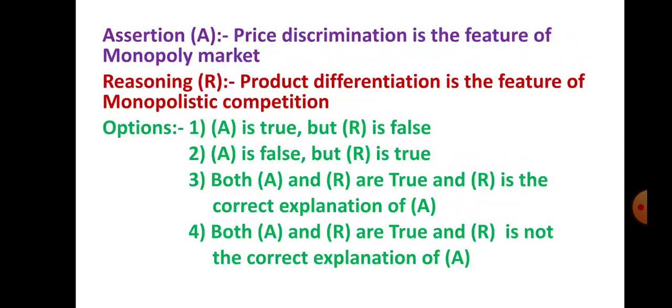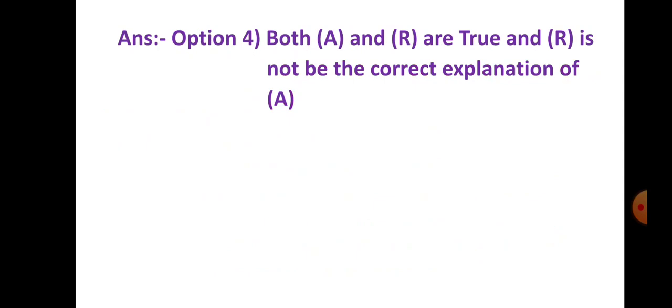Now let us see the next example. Assertion they given: price discrimination is the feature of monopoly market, and reasoning they given: product differentiation is the feature of monopolistic competition. Okay, here both assertion and reasoning are true and they given here 4 options. You have to choose any one option, that is your answer. Now let us see what is the answer here.